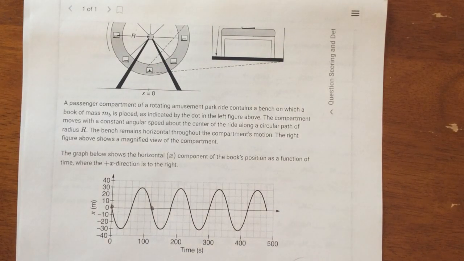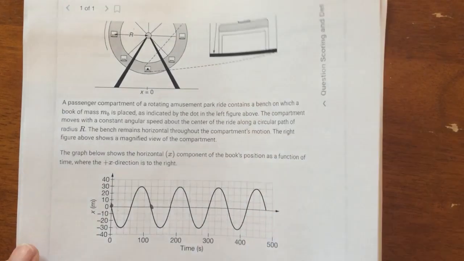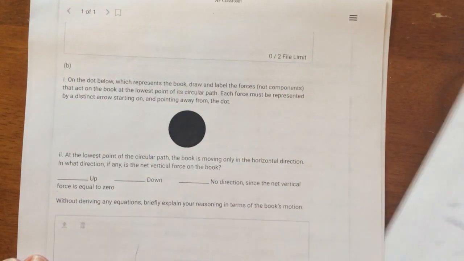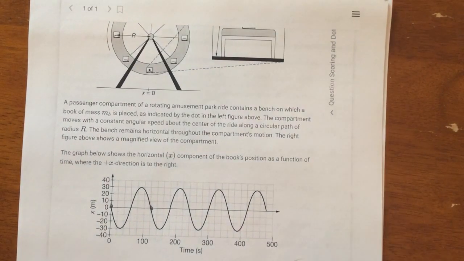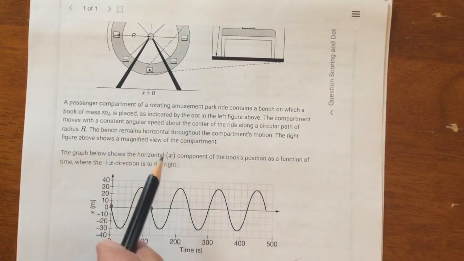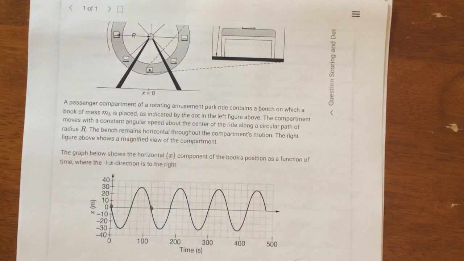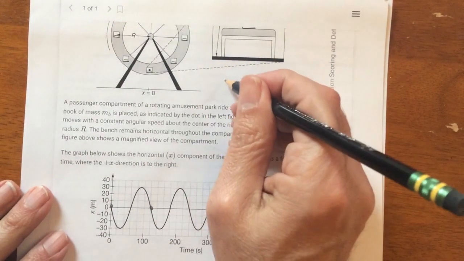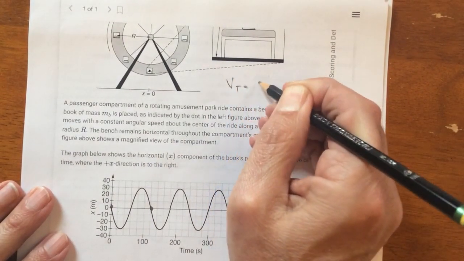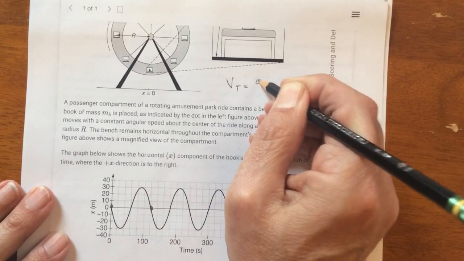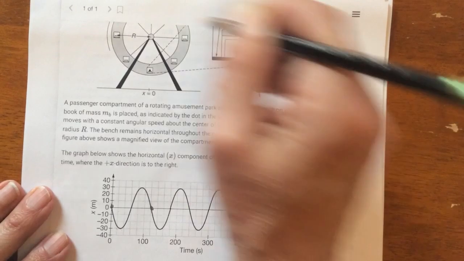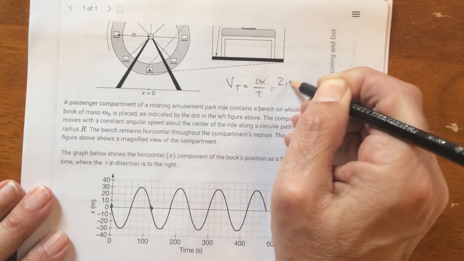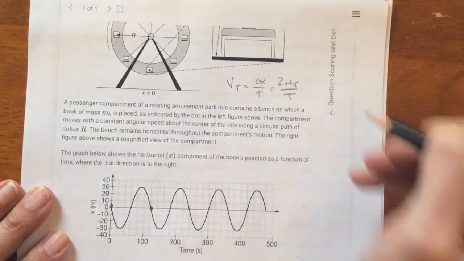The second question, determine the tangential speed. So you've got to find some evidence. If you just look up here, you're going to go, well, wait a minute. Tangential speed is essentially going to be change in x over time. And for something moving in a circle, that's 2 pi r over period.